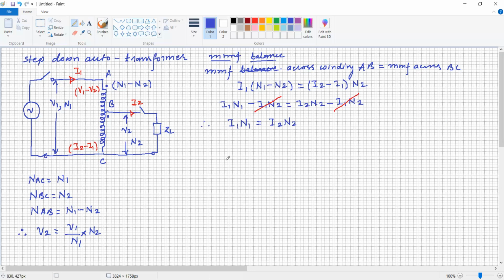Now we will take the step up transformer. In a step up transformer, the number of turns, it is an auto transformer. So here we have proved the MMF balance. When the MMF balance is there, the flux is also constant.